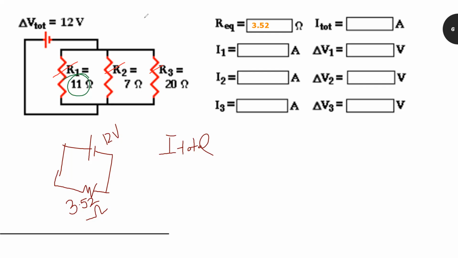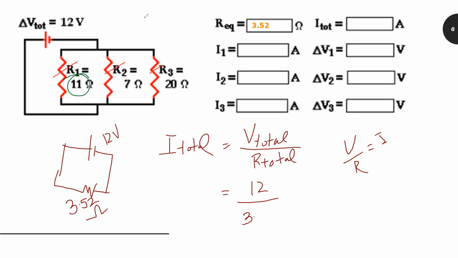From Ohm's law, we remember that V over R is I. So the I total will be the V total over R total. The V is 12 and the R total is 3.52.